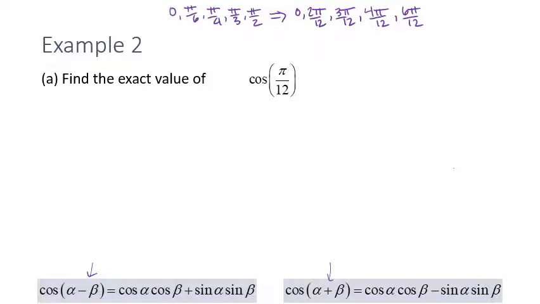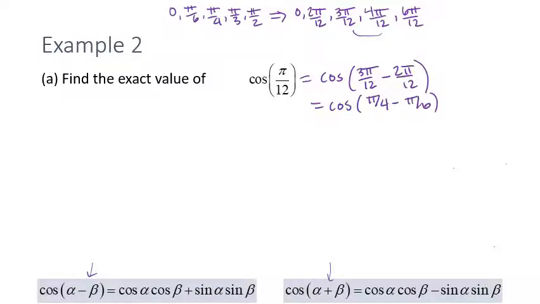So I can see right here that I can totally rewrite this. This is basically the same thing as 3 pi over 12 minus 2 pi over 12. So that's equal to cosine of pi over 4 minus pi over 6.